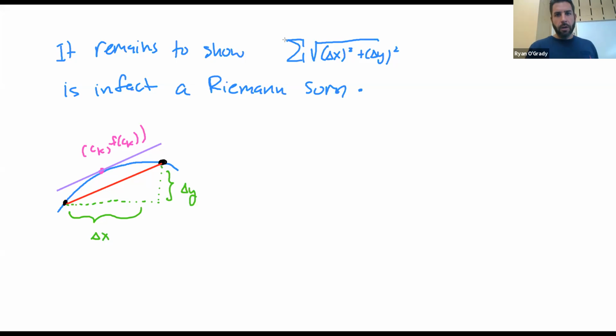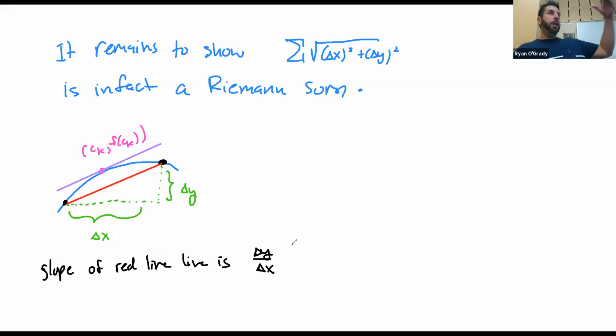And here's the key observation. So the slope of the red line is dy over dx. That's elementary algebra right there. Change in y over change in x.